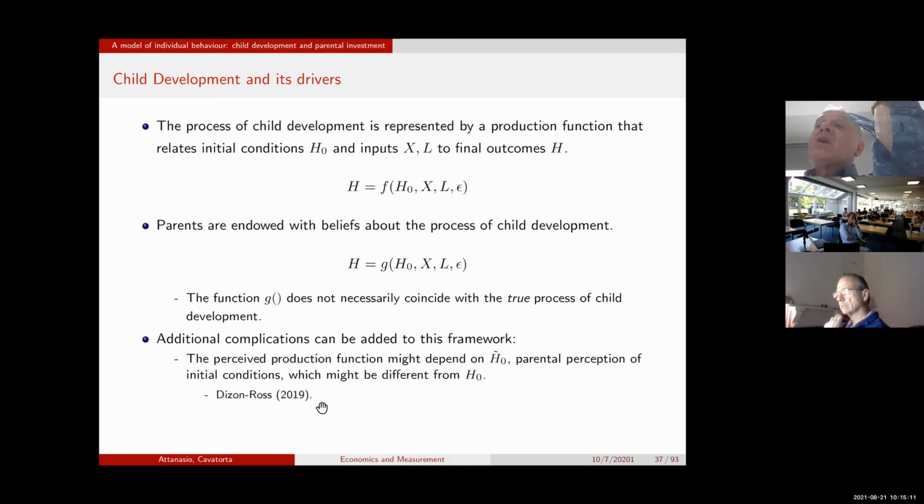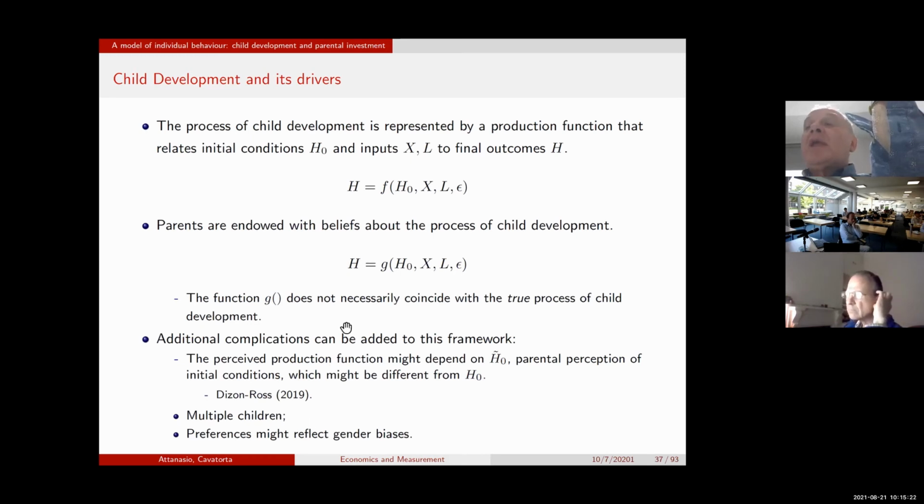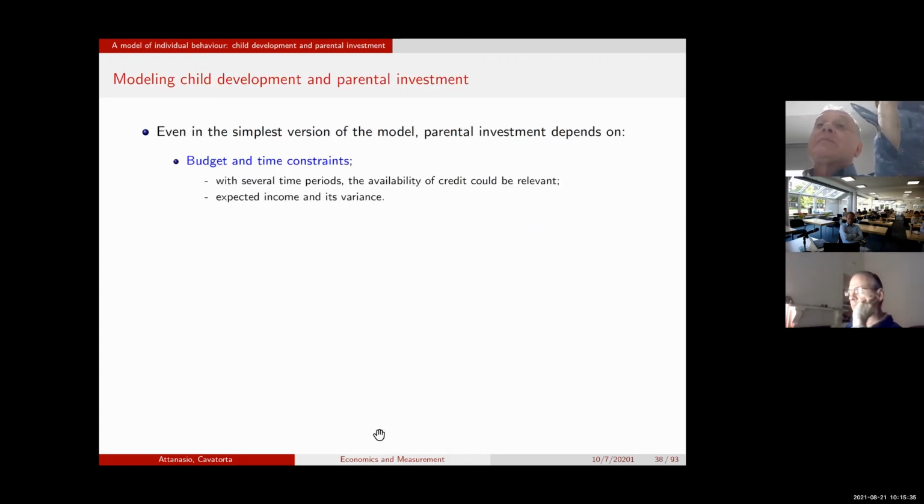Rebecca Dizon-Ross has an interesting paper in which she shows some misperceptions that people have on that. You can have multiple children, and so at that point you need to have a preference for equality across children, and you can have preferences reflecting gender biases. However, all this is feasible and it's been done by a number of people. But even in the simplest version of the model, parental investment depends on budget and time constraints.